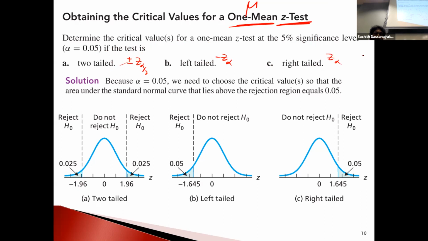Clear? Chapter 6, last part, C alpha notation, same thing. Here the negative value is this one, the positive value is this one. Same values, different signs. This is C alpha over 2, and this one is C alpha and this one is C alpha. So don't forget about this. If it is a two tail test, you have to divide alpha by 2.